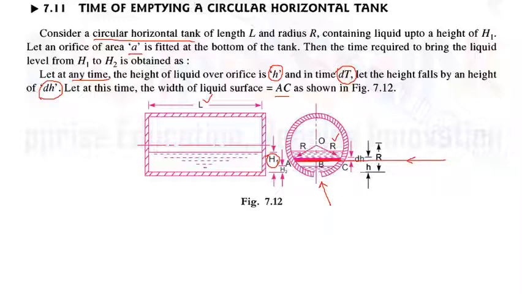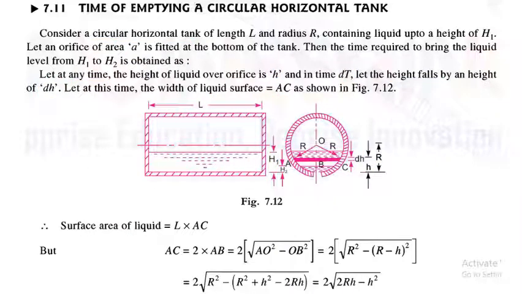Here, see the surface AC. dh is given here, h is given here. So at any time dt, the drop in level of liquid, that is the height falls by dh, and the width of the liquid surface is AC.